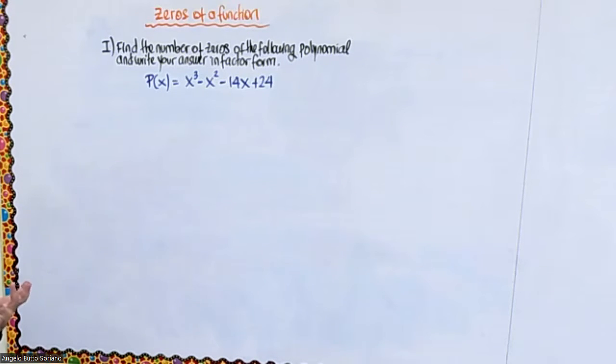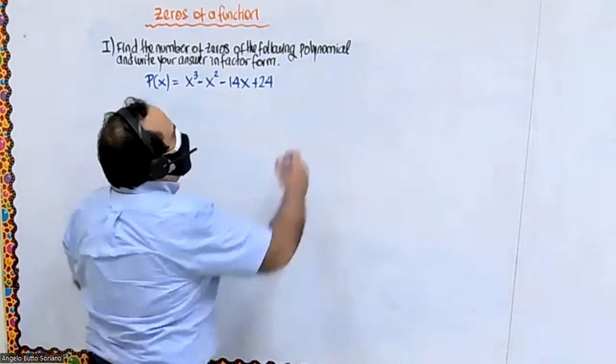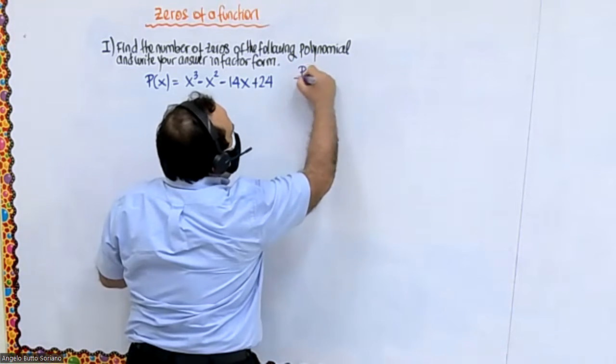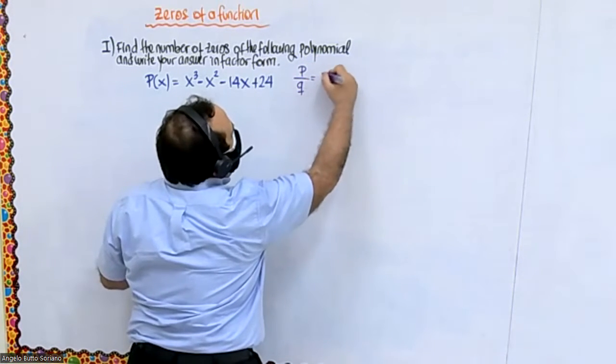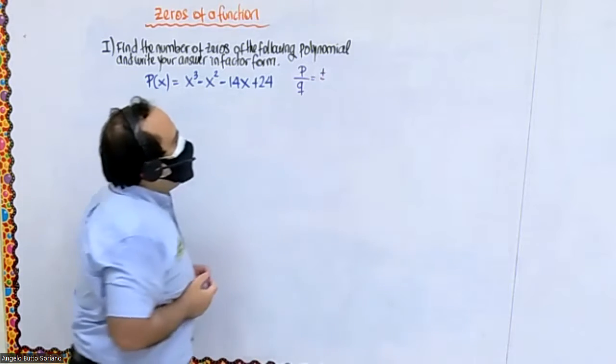To divide this polynomial, we have to create a list of the possible numbers: the factors p over the factors q. I'm going to explain what that means. Factors p over factors q could be the quantity of numbers, positive and negative.